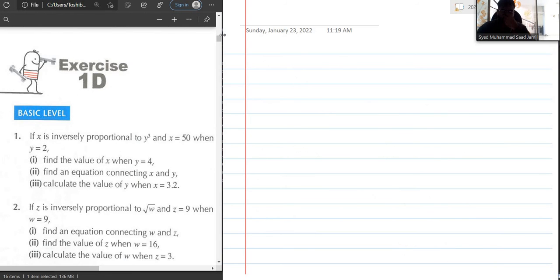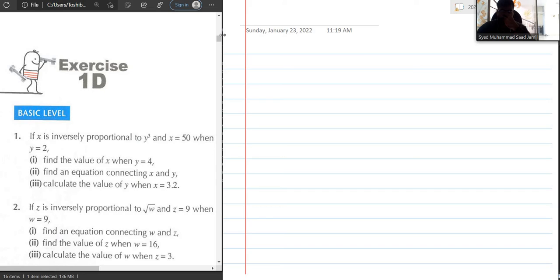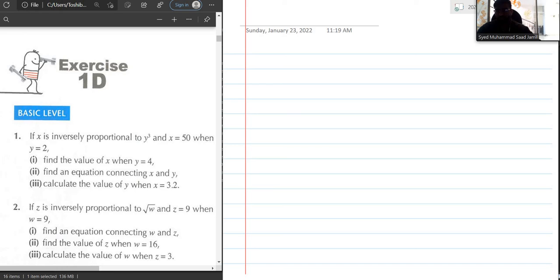Now moving on, we will do a different type of inverse proportion question. On the left hand side of the screen, you are given question number 1, which says if x is inversely proportional to y cube and x equals 50 when y equals 2.